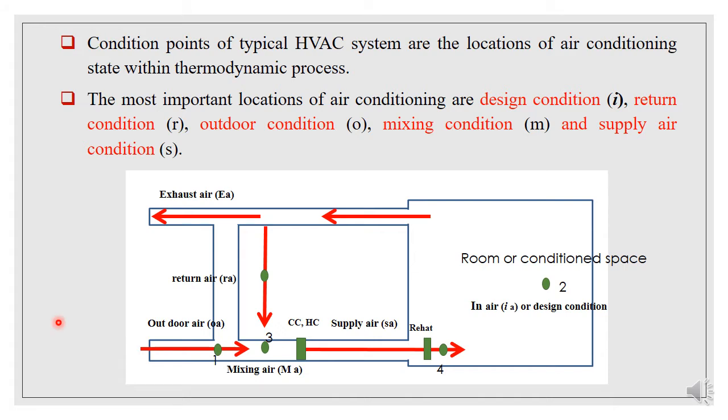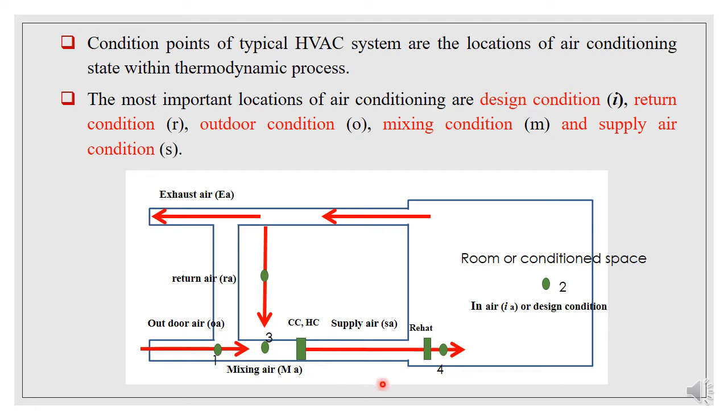Based on this figure, we have outdoor air, the incoming outdoor air, and at this point, just before the airflow enters the air handling unit, there is a mixing point where the return air comes to this point, mixed together with the outdoor air at a certain proportion, and enters the AHU.